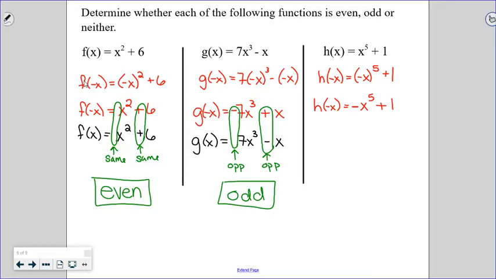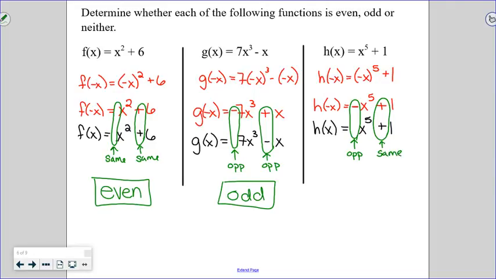Compare it to my original. Okay, and then this is the first time we've seen this happen today. As I scan through here, we have a negative and a positive, which are opposite signs. I have a positive and a positive, which are the same signs.